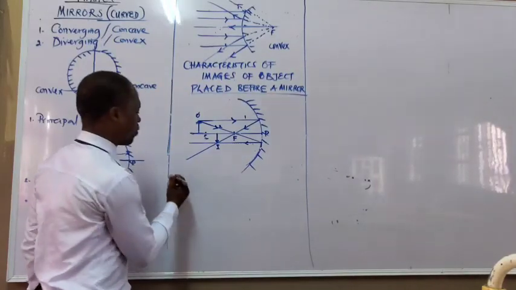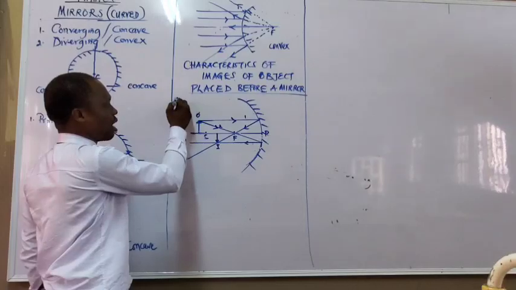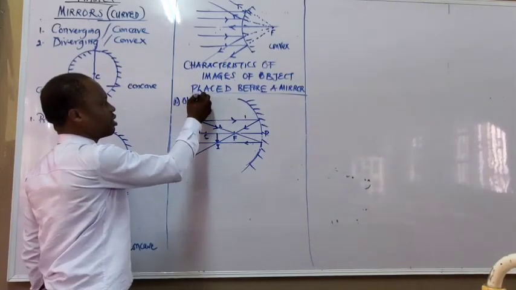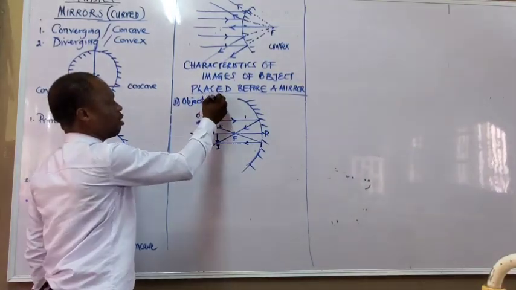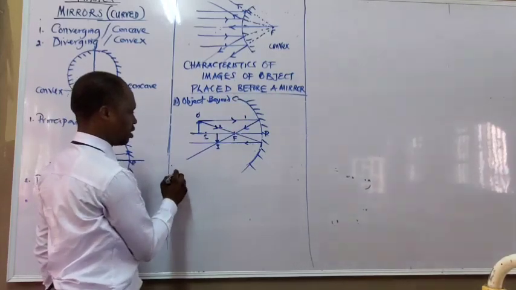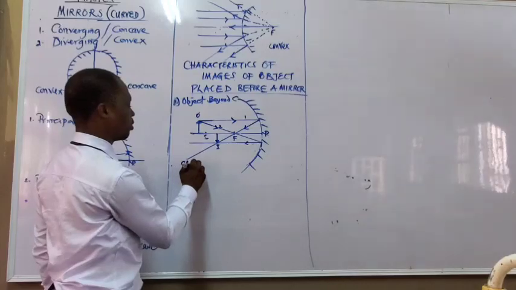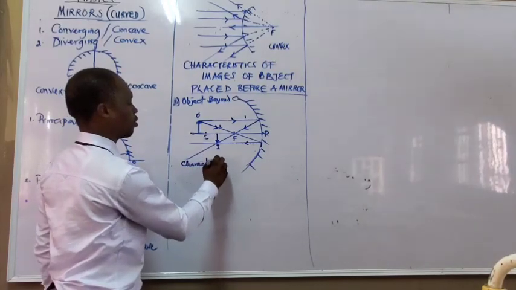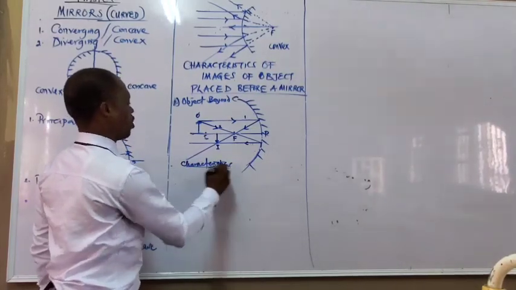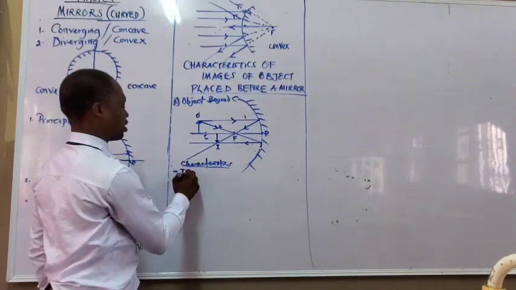And so what will be the characteristics of this? Let's take this as number one. Object beyond C. So characteristics now. Number one, this image is inverted.